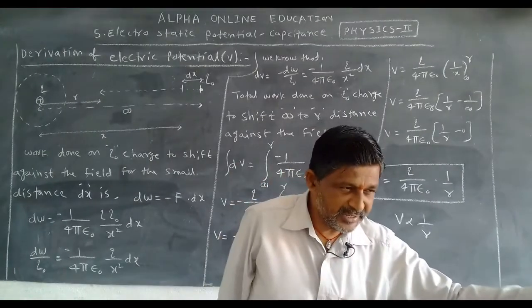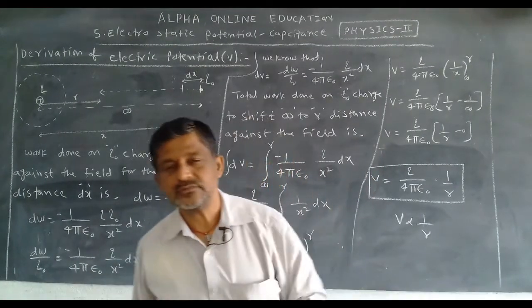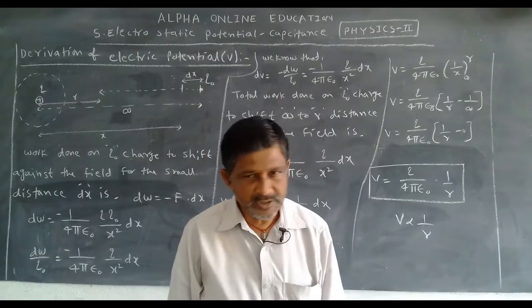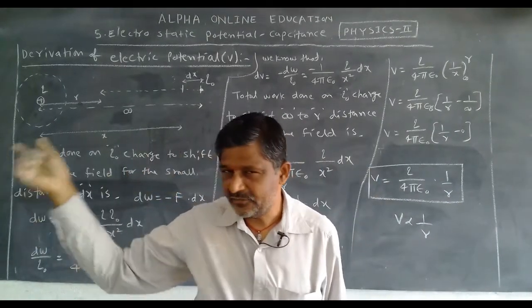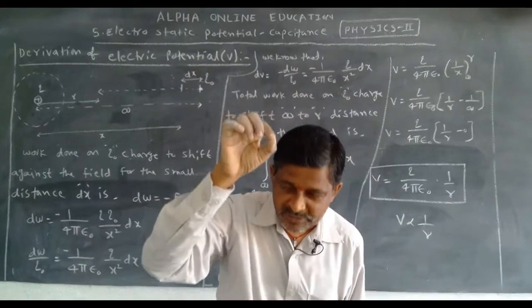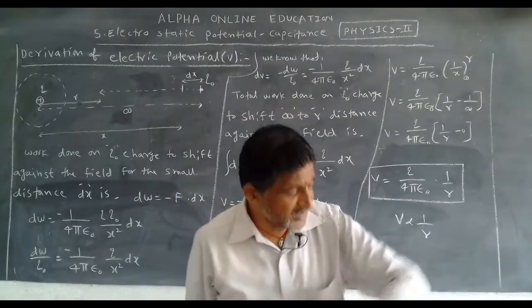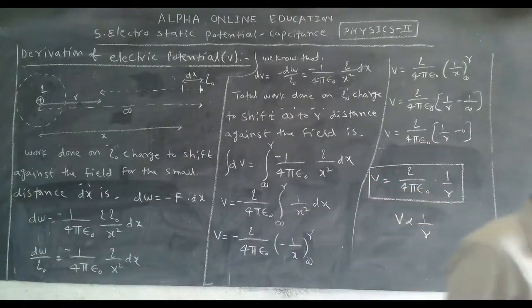When the charged particle is shifted against the field, electric potential is positive, or electric potential increases. Are you followed? When a charged particle is shifted towards the field, electric potential is taken negatively.